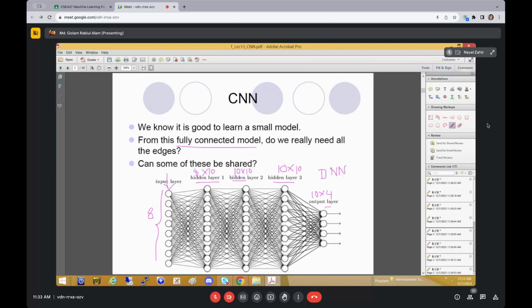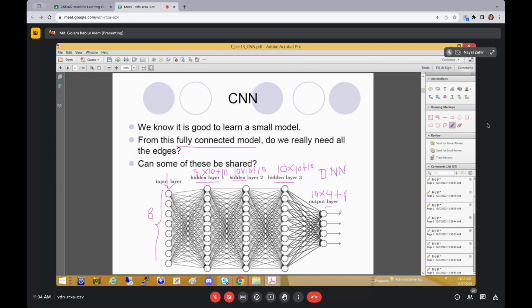If we consider the bias, then it will be more. For this we have to consider 10 biases, because for each and every hidden layer we have to consider a bias. For here also plus 10, for here also plus 10, and for this layer we have to consider an extra 4 biases.